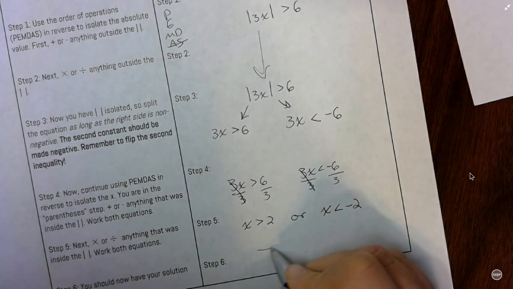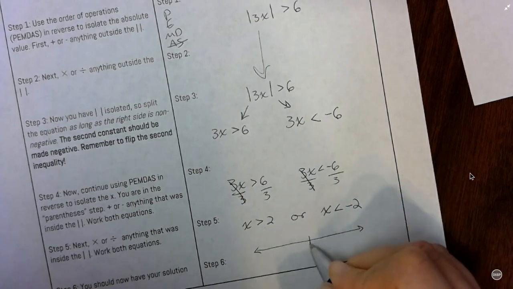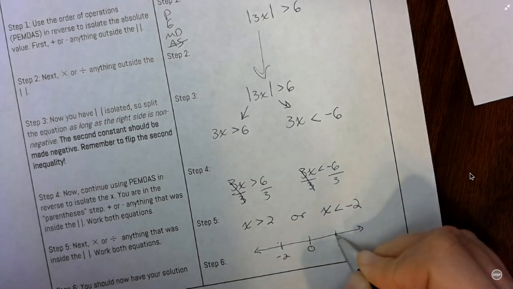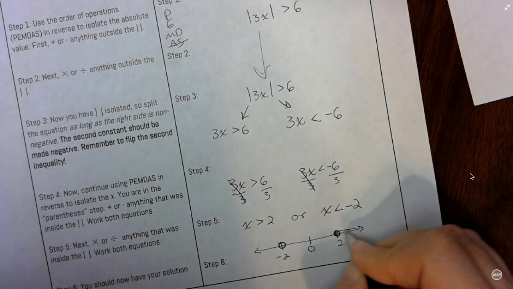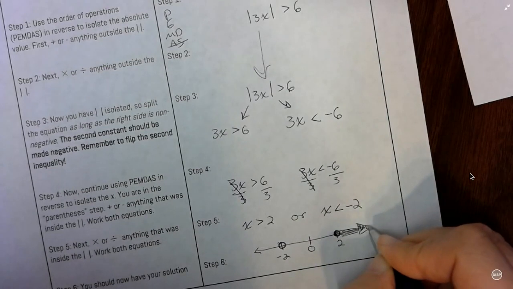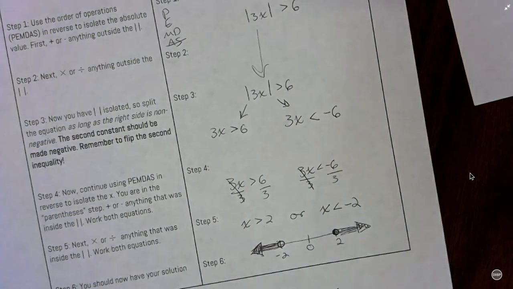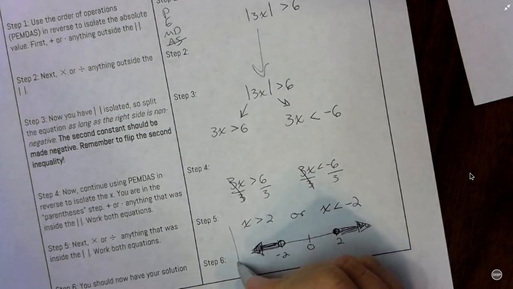So it kind of looks like this. 0, 2, -2. That's an open circle, even though it doesn't look like one. So basically we've got numbers greater than 2 and numbers less than -2. And there's your solution.